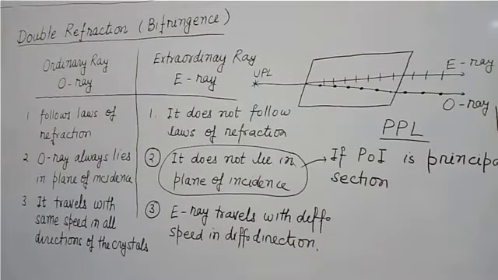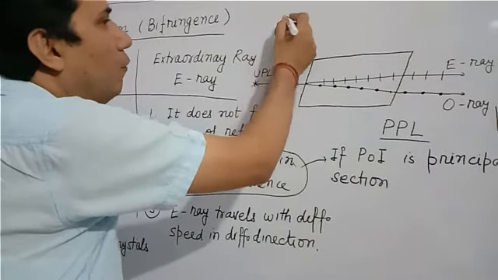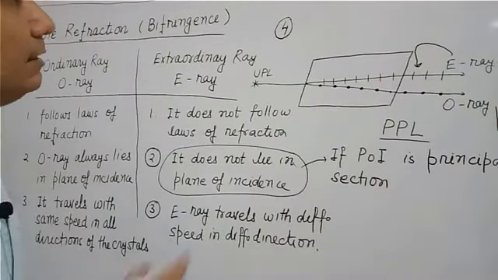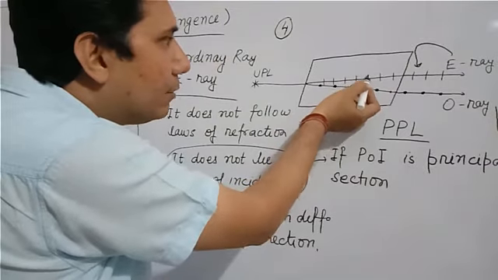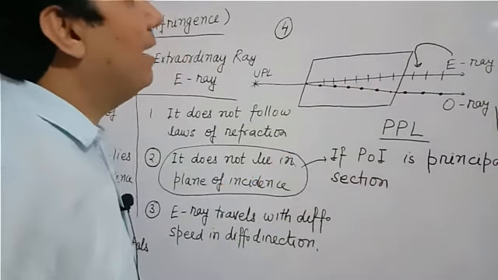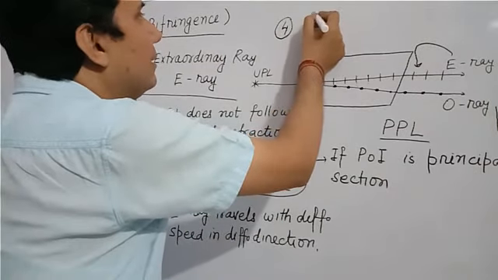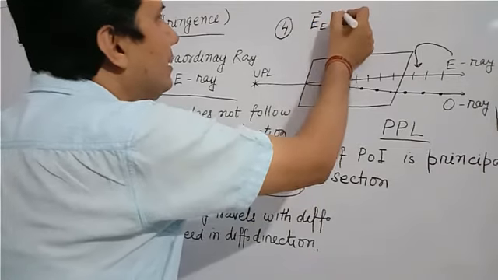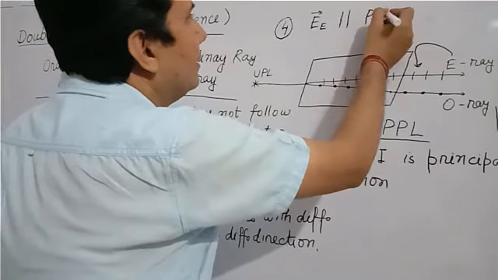And the fourth and most important point is that the electric vectors of the E ray will always be parallel to the principal section.